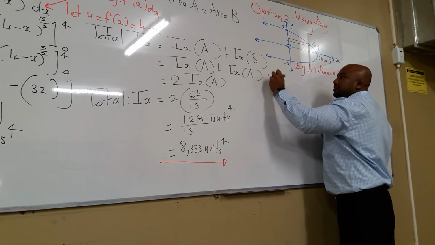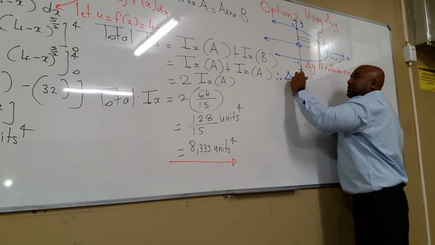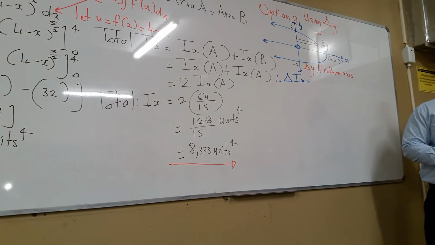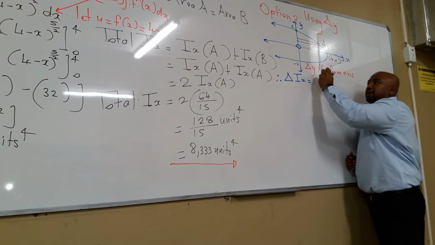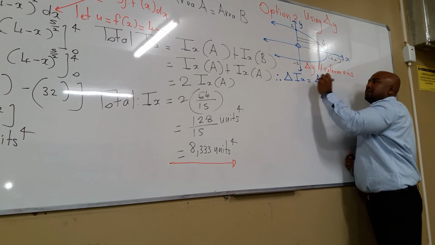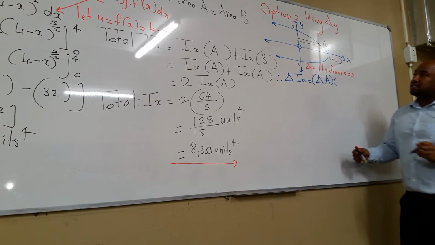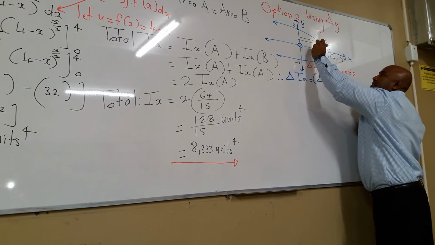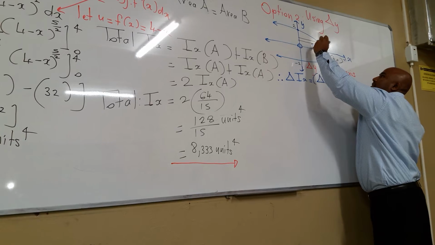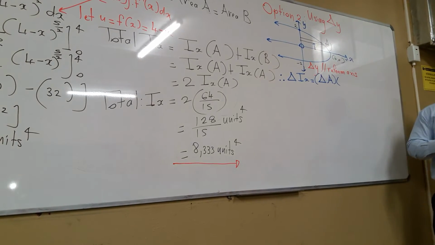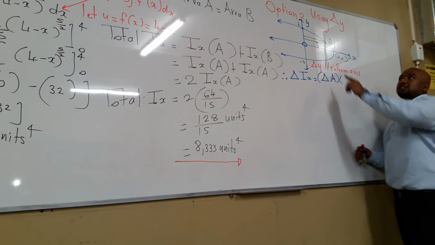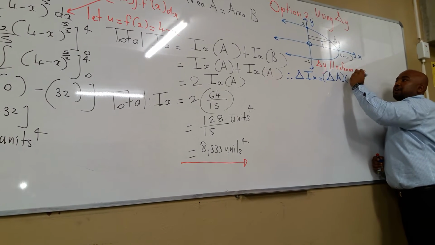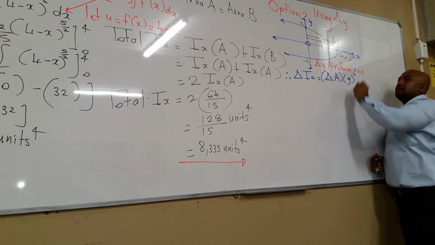So therefore, delta Ix, second moment of area, will equal area, which is delta A, times the distance from the x-axis. So what is the distance from the x-axis? If we measure from the x-axis, there's a reference axis there. You can see that it will be in terms of y, so that will be y squared.